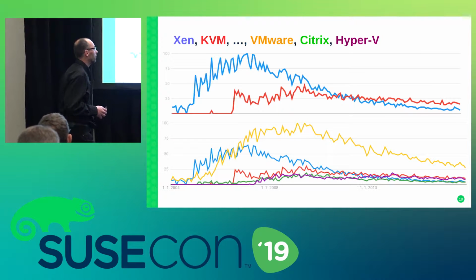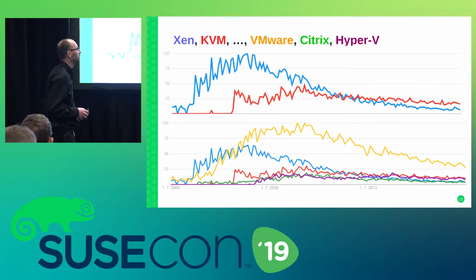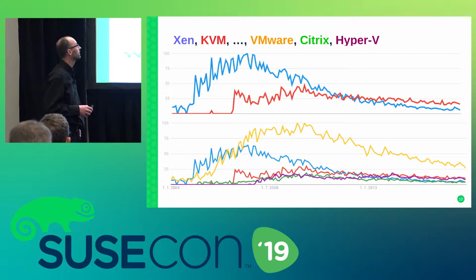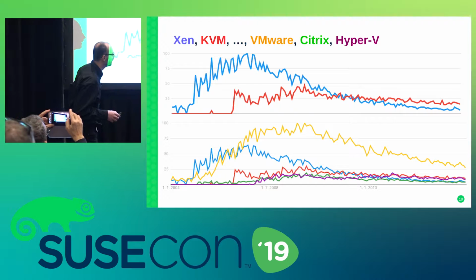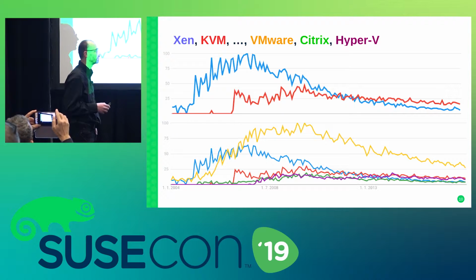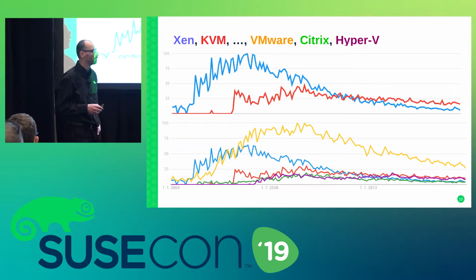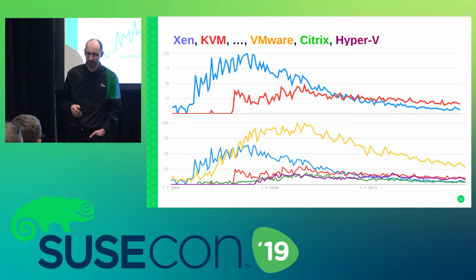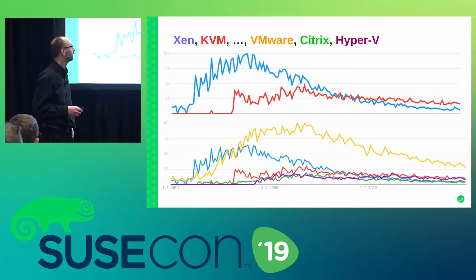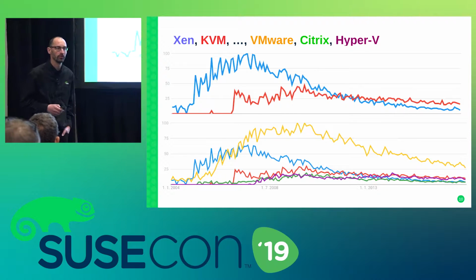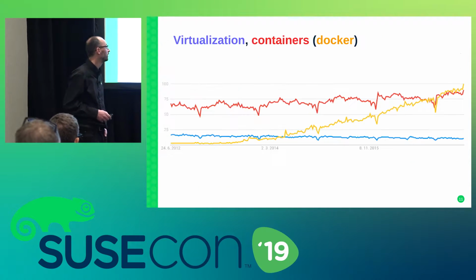These graphs are just to illustrate the popularity of different hypervisors. You can see that VMware, with the chart at the bottom, has been the most popular. But over time, the popularity of various hypervisors is getting closer and closer. And also Xen and KVM are becoming very close. This is just to illustrate the trends, so it's not really scientific charts.